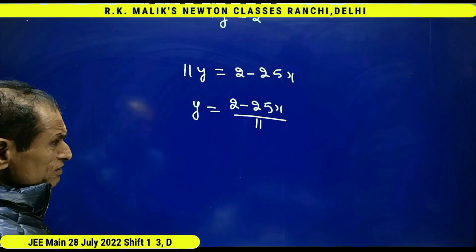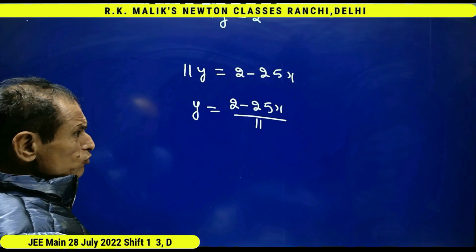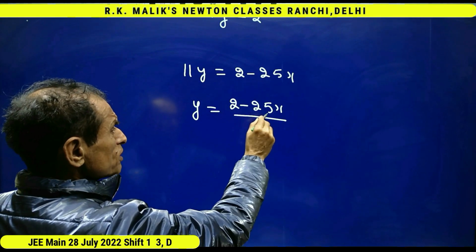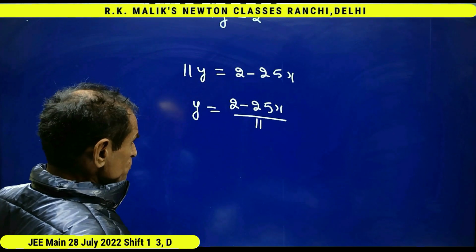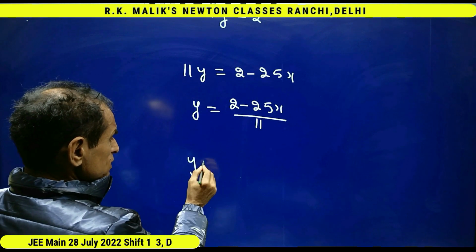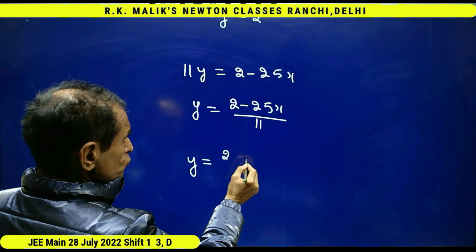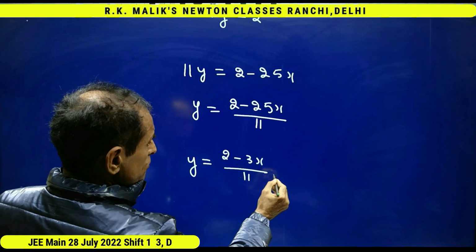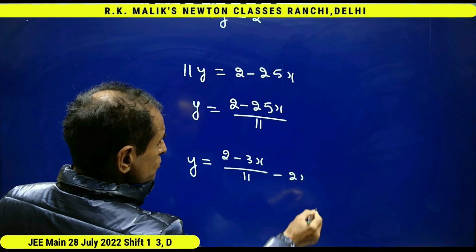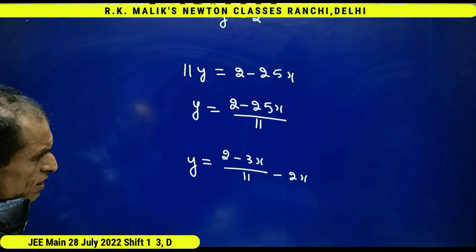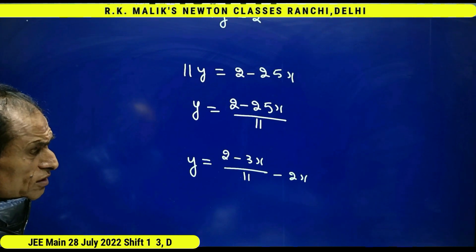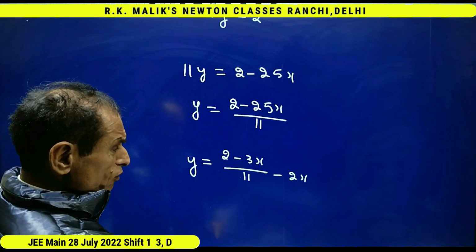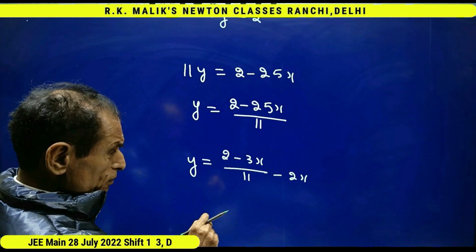As I told previously also, we will try to make the numbers in the numerator as small as possible. We can write it as y equal to (2 minus 3x) by 11 minus 2x.